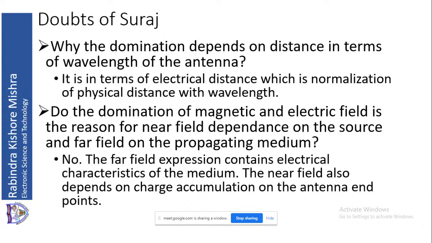Then you have a term which is either in form of epsilon or mu or eta or c. Now all these c, epsilon, mu are characteristics of the medium. Therefore, the field actually depends on the electrical characteristics of the medium, right? So the far field expression contains electrical characteristics of the medium.